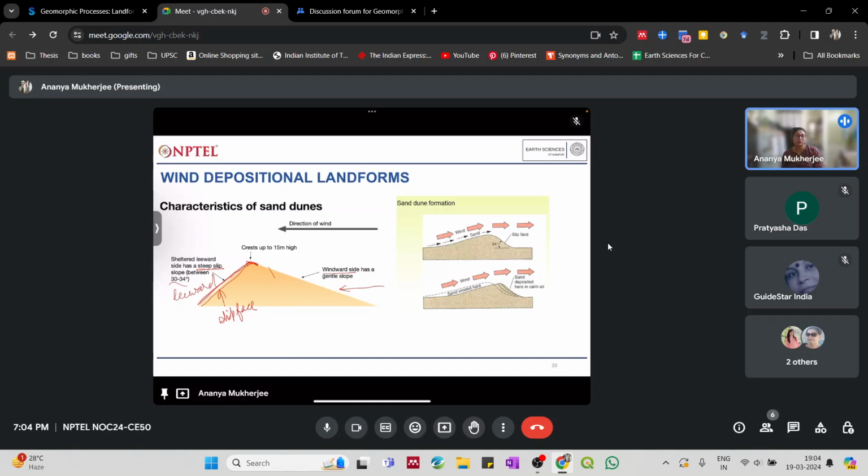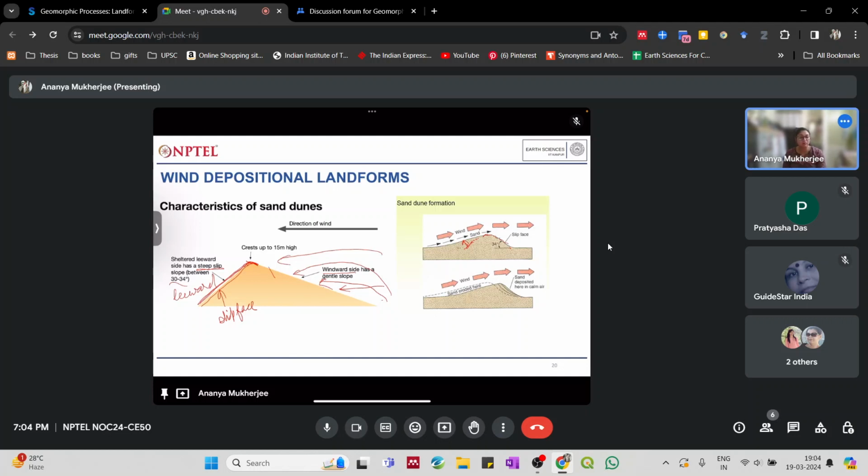Okay, so the sand actually builds on the windward side. Okay, so the sand is deposited and also moving over the windward side. You can see over here that first there was just a mound. Okay, so the sand started forming as a mound, and then slowly the sand starts building up over the windward side.